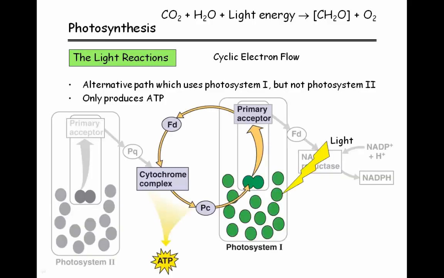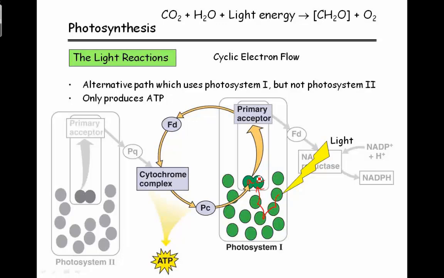If we look at this diagram here, we can see that it is still going to be the thylakoid membrane involved. We'll have Photosystem I embedded in that membrane. The light will come in, it will strike a pigment. When it strikes this pigment, the energy will be transferred until it gets to that pair of chlorophyll A's.